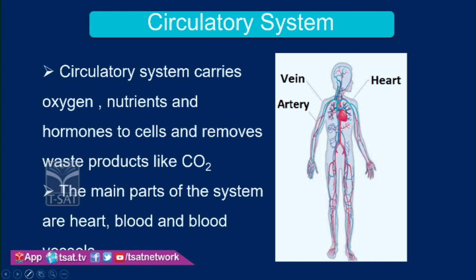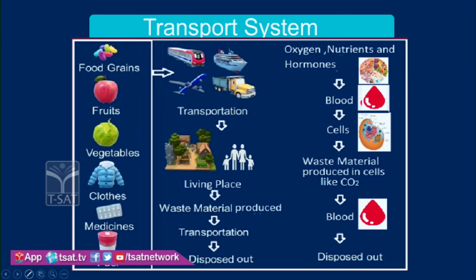To understand the circulatory system very clearly, I'll give one real life example, to understand the term transportation. Notice this picture; you can easily understand how it is similar to the transportation process.